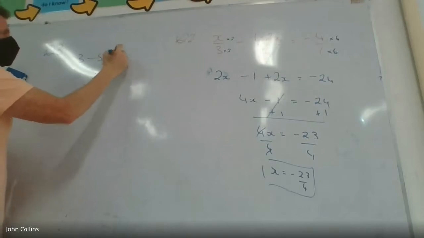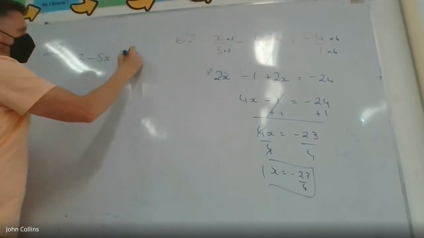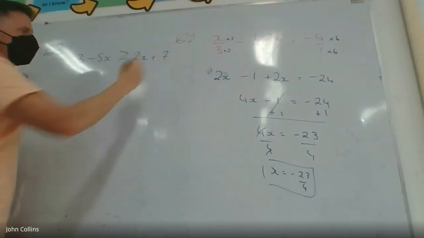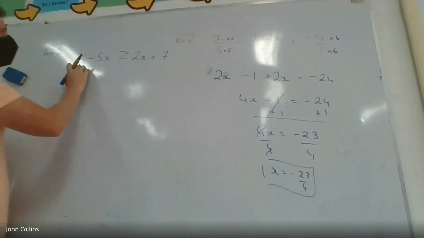3x minus 5 2x plus 7. Okay. So inequality, you pretty much treat it like an equal sign unless you end up with a negative x. And then that's where you have to start thinking, changing this inequality sign.